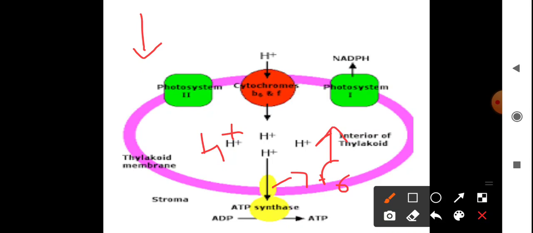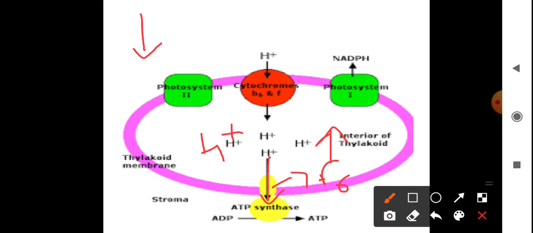two parts, F naught and F1. The F naught, as we discussed earlier, is embedded in the thylakoid membrane and forms a transmembrane channel that carries out the facilitated diffusion of protons across the membrane through its channel.